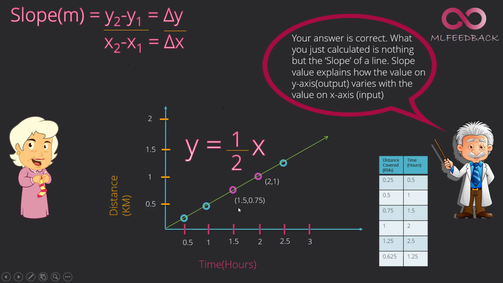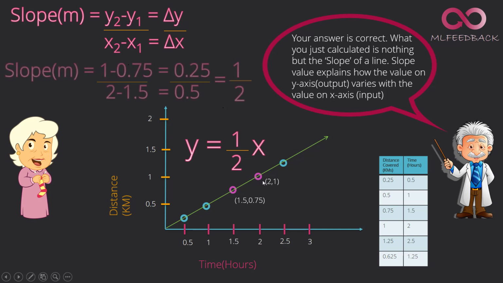And y1 is represented by 0.75. x1 is represented by 1.5. We are just saying it is the first point that we are considering. x2, y2. So x2 is represented by 2 and y2 is represented by 1. So we are taking 2 points. You can take any 2 points. I just randomly took these 2 points on this line. Now, how do we calculate slope?